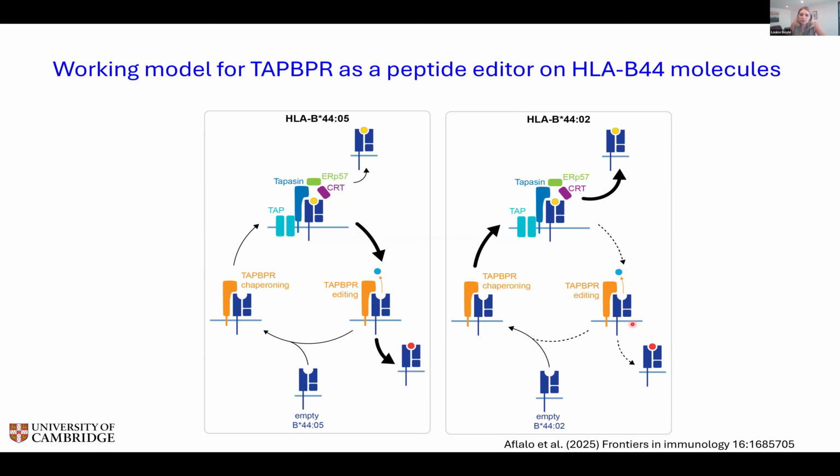And what we propose is that for B4402, TAPBPR is predominantly functioning as a chaperone, stabilizing B4402 in a peptide receptive state. And this subsequently helps to push the B4402 molecules onto tapasin for loading in this nice peptide-rich environment of the PLC. So different functions of TAPBPR for class 1 molecules with different variations in these B44 molecules.